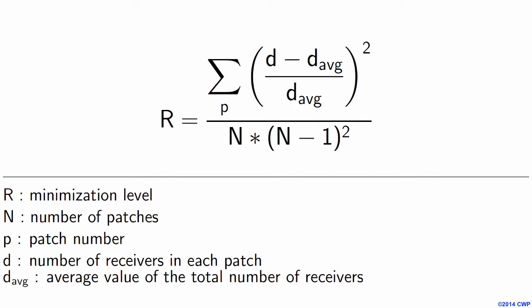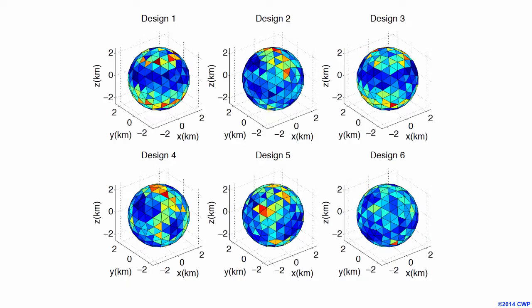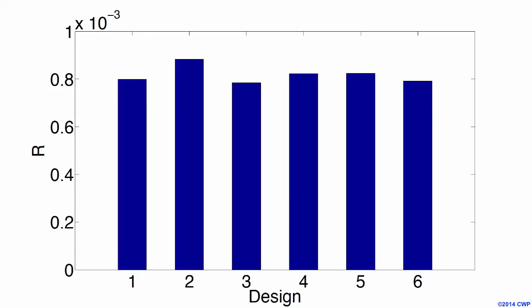What we introduce is to use the geodesic dome, again, to discretize our receivers in each design, calculate how many receivers fall into each patch, and use that equation to find the minimization level. This is the minimization level of designs 1 to 6. As you can see, it's low enough to say that the receivers are distributed all around the asteroid target.